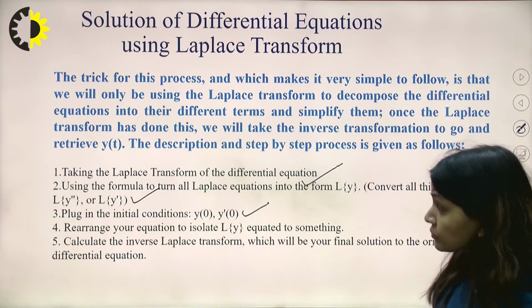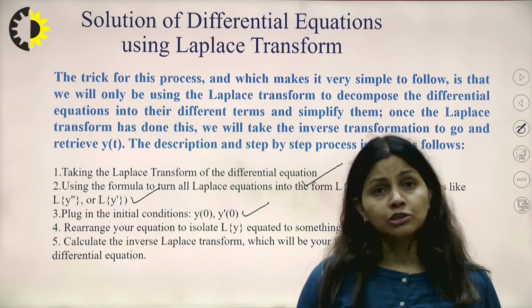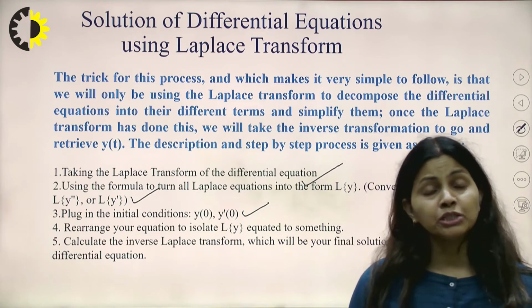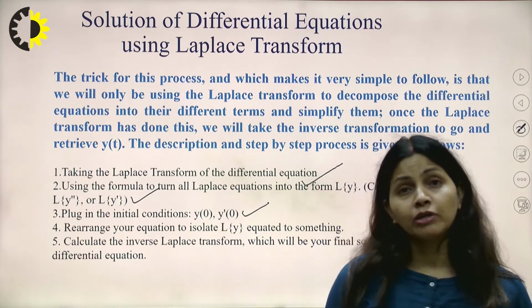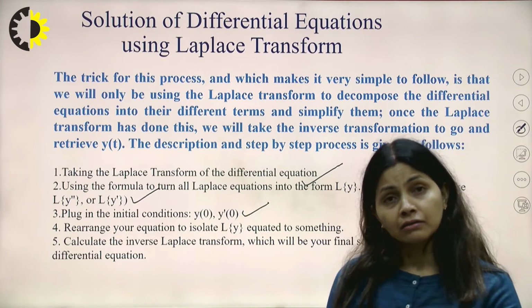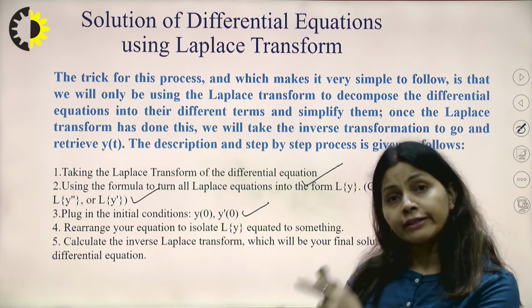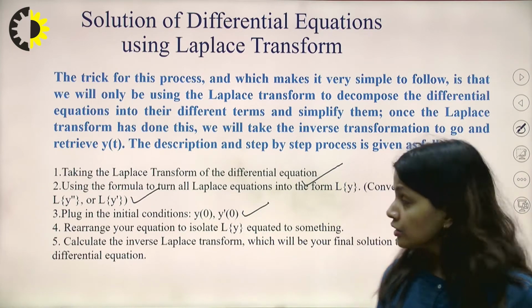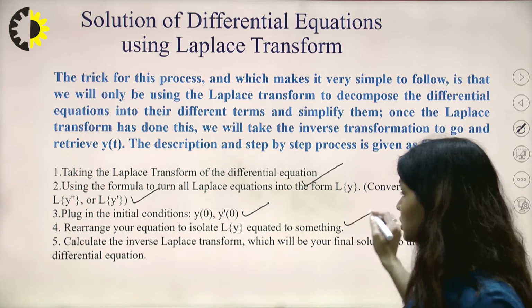And then we will isolate the L y, that means Y(s). We will isolate Y(s) on one side and we will put other variables on the other side. So that will be the third step.